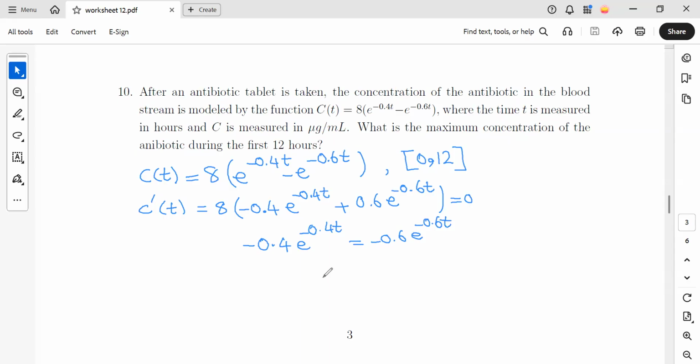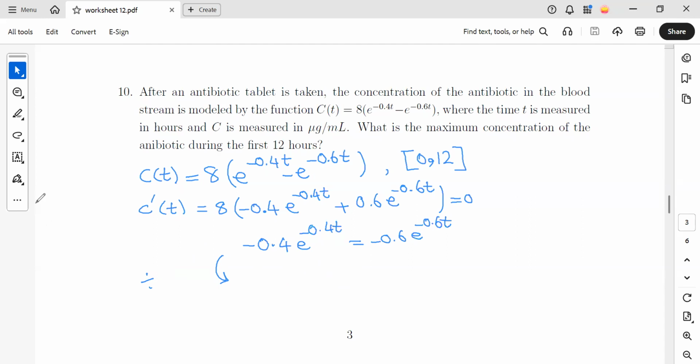And then by dividing both sides by e to the power -0.6t in order to use the power rule, okay, before this, let me fix it.